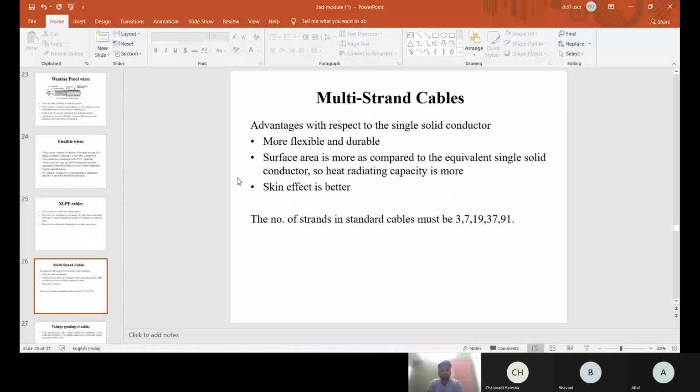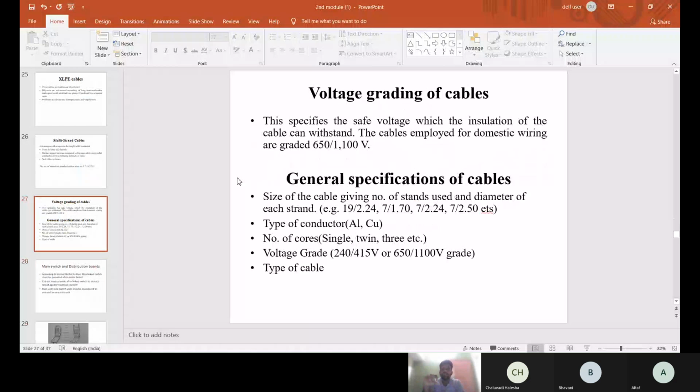The next thing is the voltage grade of cables. Cables should be selected based upon the different voltage grades. We need to select our cables based upon the voltage ratings. If the supply voltage is more but the cable we have chosen is of a lower rating, then it's a problem for our devices.